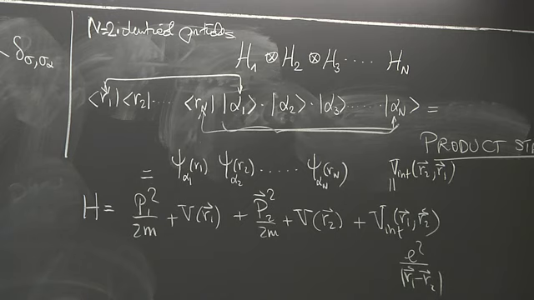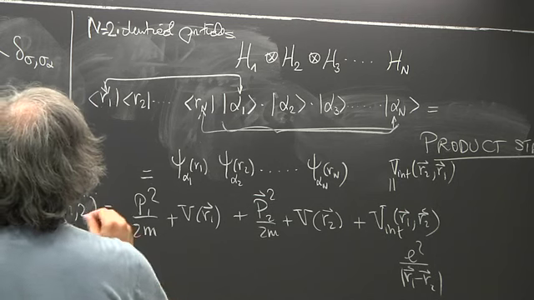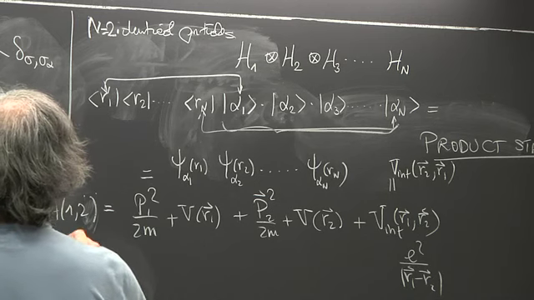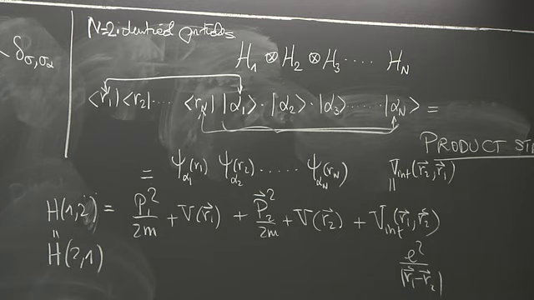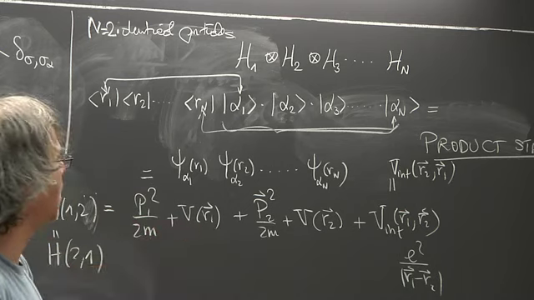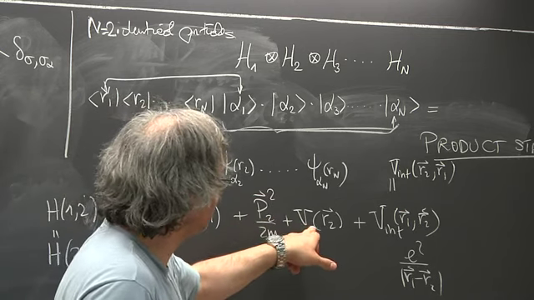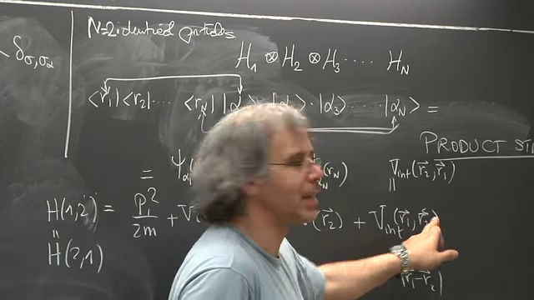So let me write this as the Hamiltonian of 1 and 2. You realize immediately that the Hamiltonian of 1 and 2 is identical to the Hamiltonian of 2 and 1. In other words, if I exchange particle 1 with particle 2, this would be P2 squared over 2m plus V of R2, plus P1 squared over 2m plus V of R1, plus the interaction between R2 and R1.